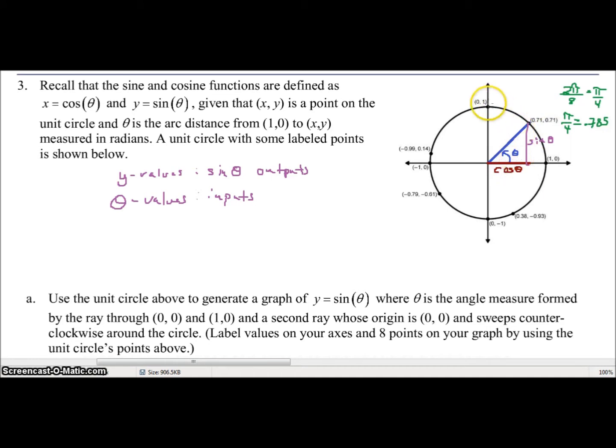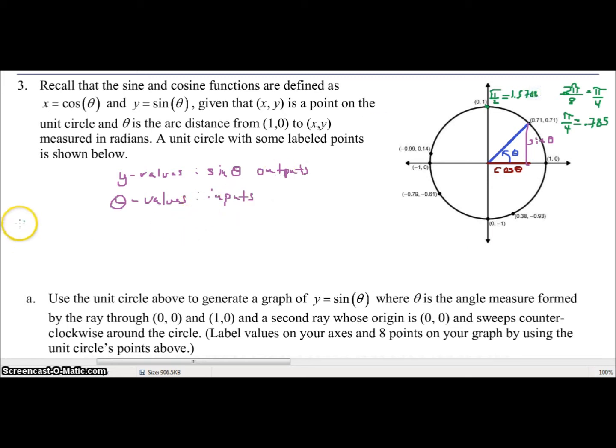Now, let's see, this point is at pi over 2, which is about 1.5708.